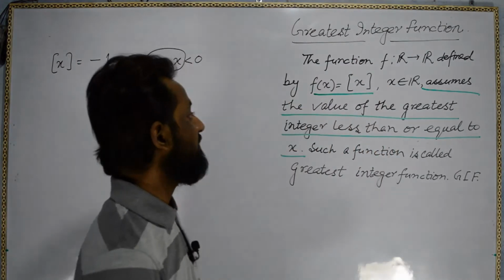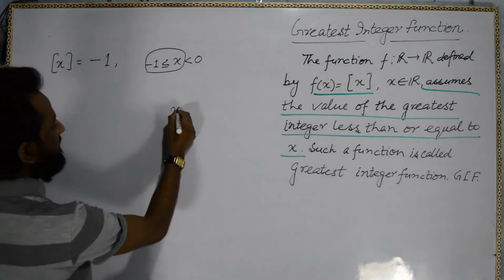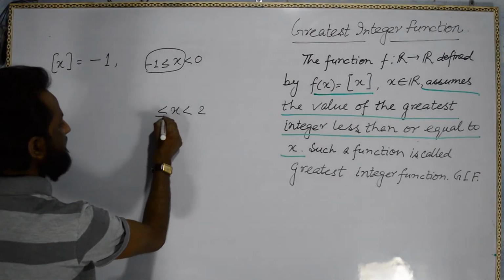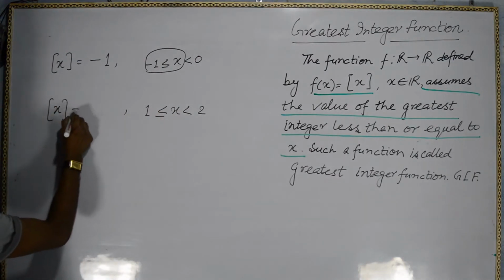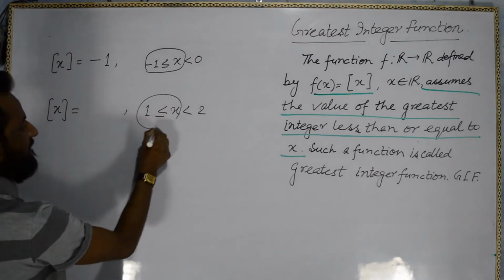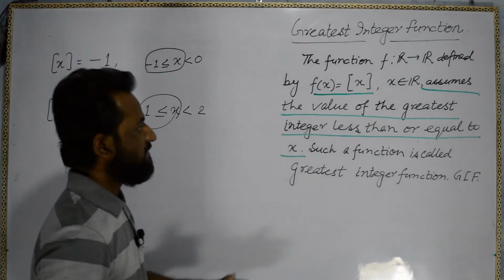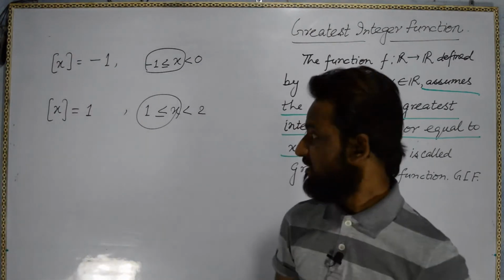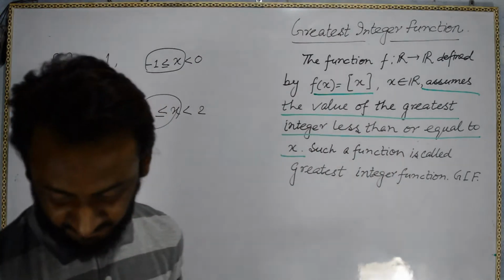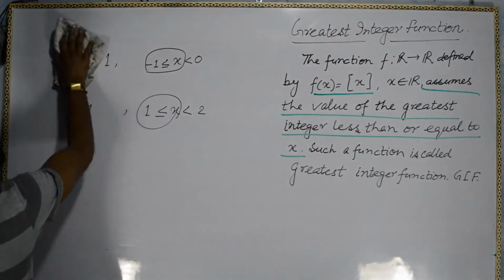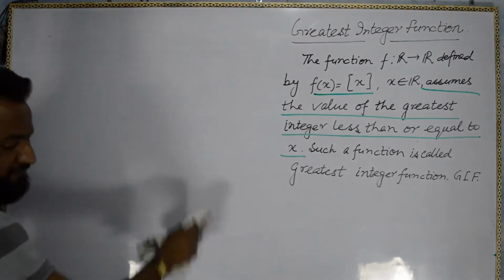If we want to define it for other intervals, like 1 to 2, bracket x will be 1. Let us try the graph of the function accordingly. Let me write a few intervals and the values in those intervals.